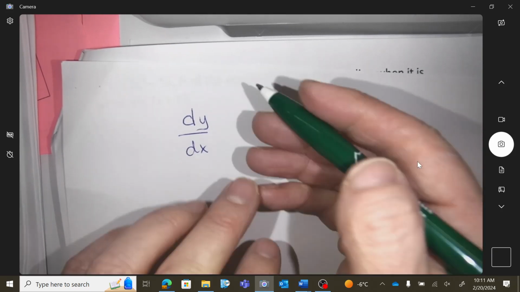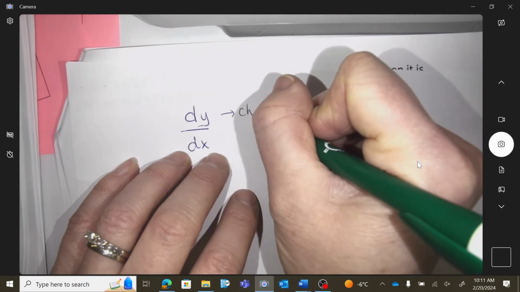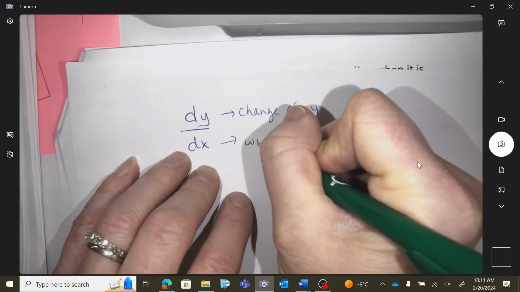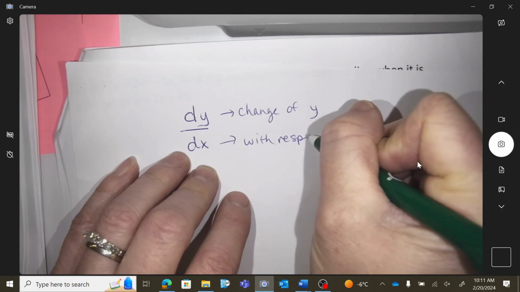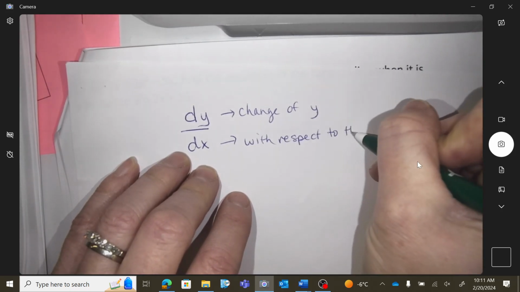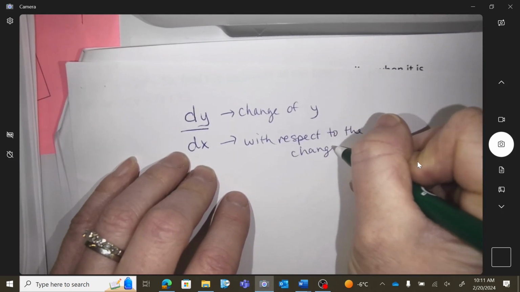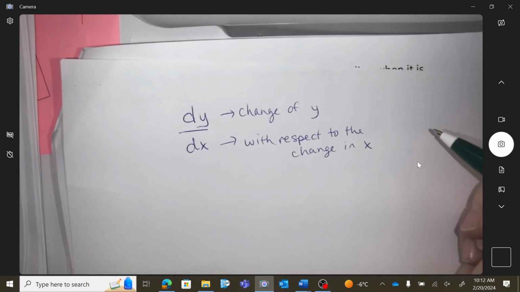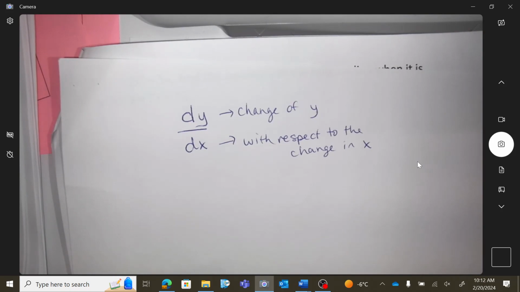That's an idea. So this is what it means, the change of y with respect to the change in x. Okay? Sorry, what's that? The change of y with respect to the change of x.